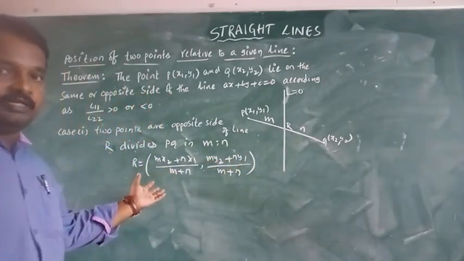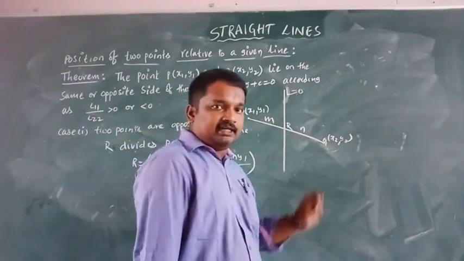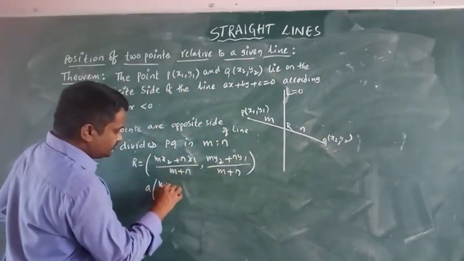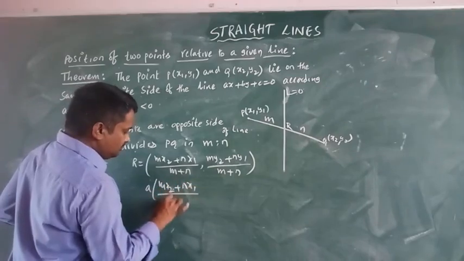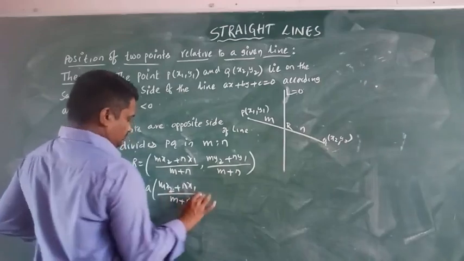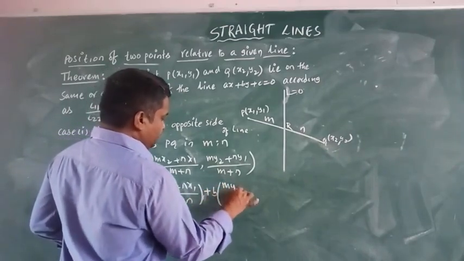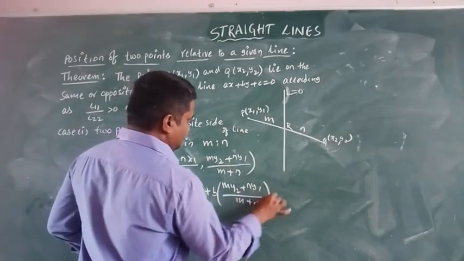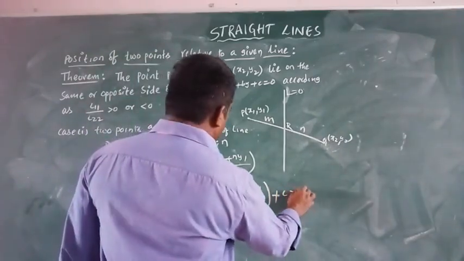So R satisfies the equation L equals to 0. Substitute there. So a times (mx2 + nx1) by (m + n) plus b times (my2 + ny1) by (m + n) plus c equals 0.